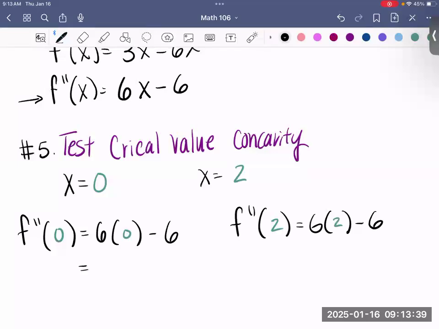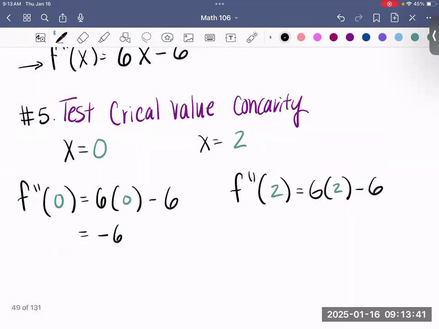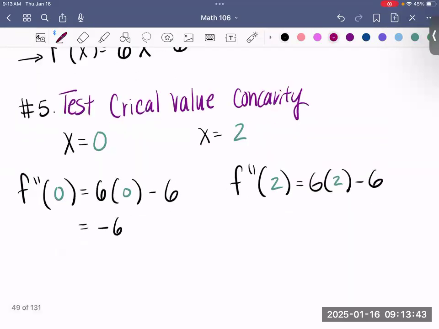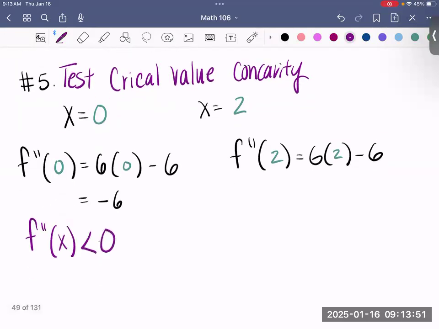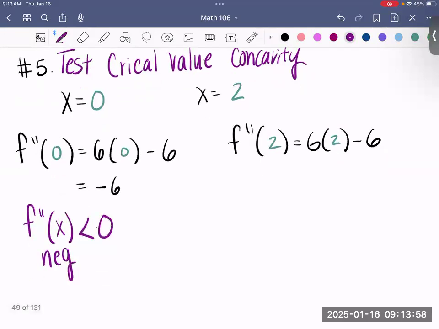So we have negative 6. So on this side, your second derivative is negative. It's less than 0. It's negative, which we said if it's negative, right, we then therefore have a maximum.